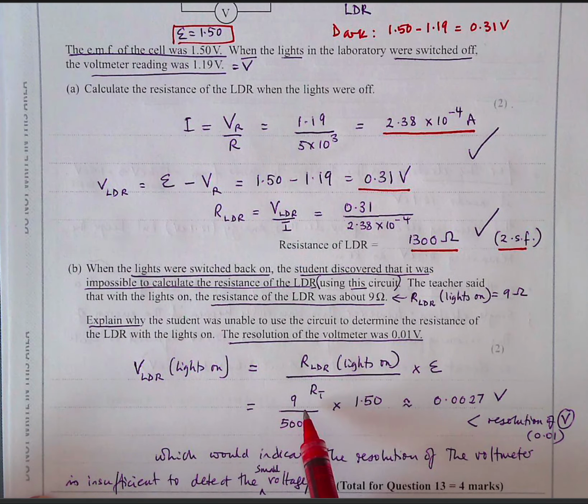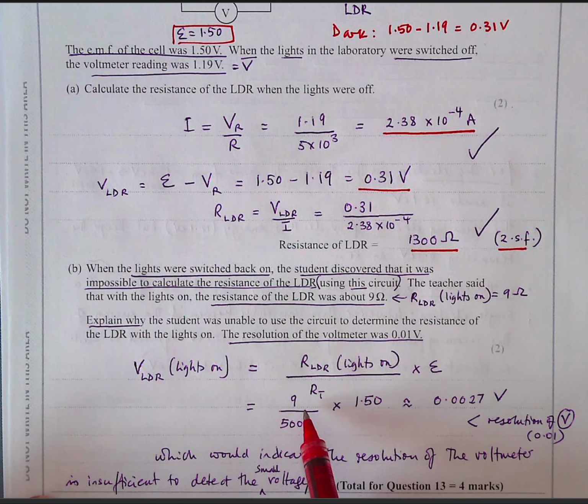So once you work out that this is much less than the resolution of the voltmeter, which is 0.01, that's one mark. You then say this would indicate that the resolution of the voltmeter is insufficient to detect the small voltage or potential difference across the LDR, where it's not across the LDR, is it? But if you put a voltmeter there, you wouldn't be able to detect it because it would be less than 0.01 volts.